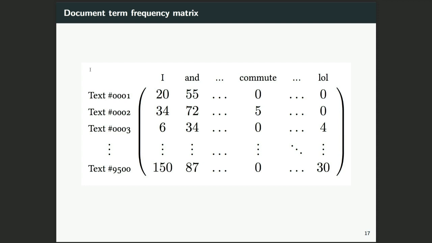The counts that go in the matrix are how many times that token occurred in that document. So in this example, the token I occurred in the first document 20 times. The word commute occurred in the first document 0 times, and so on and so forth. This is the type of matrix that summarizes the information in our data frame as a matrix that we may actually want to do predictive modeling and unsupervised modeling on.